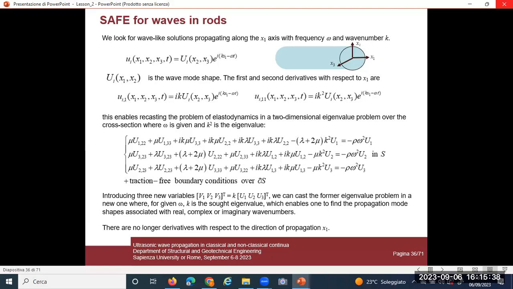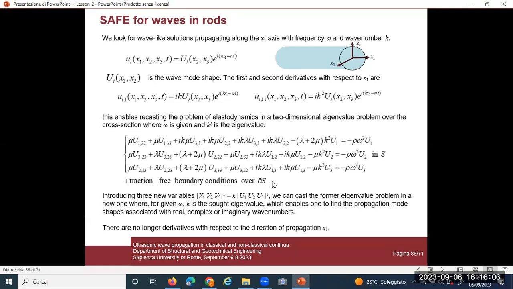Then what you can do is pick up this solution, plug it into the bulk equations, and you obtain a list of equations, which is something like that. You pick up a solver, for instance, a finite element solver.